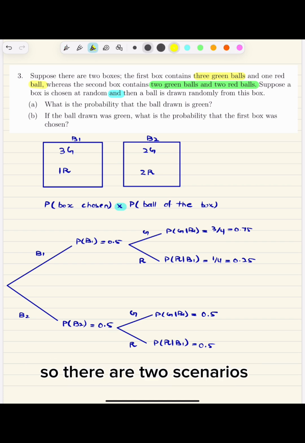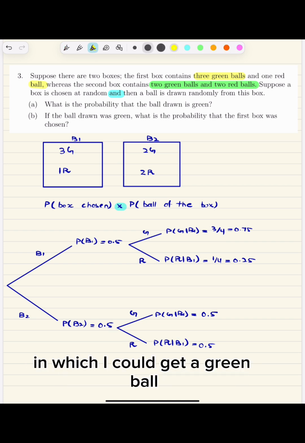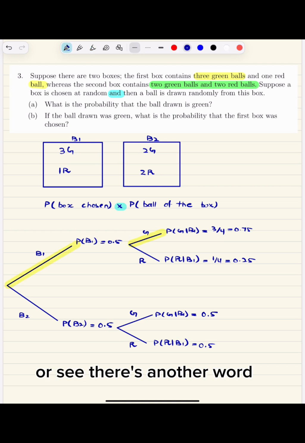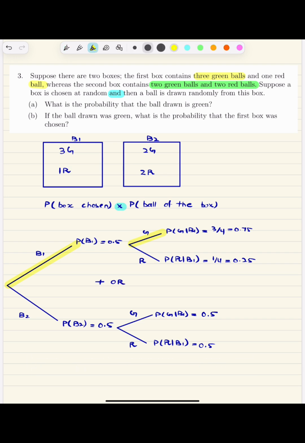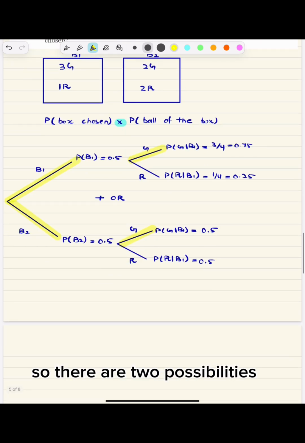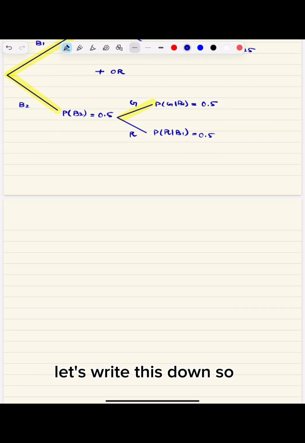So there are 2 scenarios in which I could get a green ball. Over here from box 1, or see, there's another possibility, or I could get a green if I had chosen box 2, right? So there are 2 possibilities. Let's write this down.